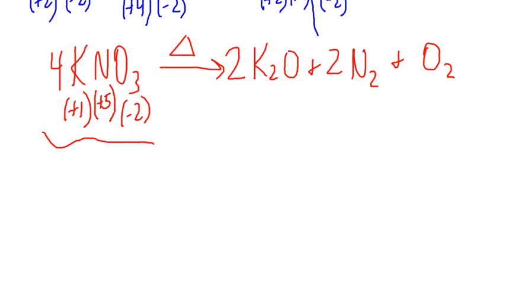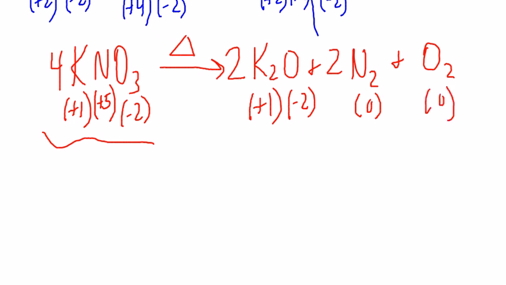Let's take a look on the right. Potassium oxide is an ionic compound. The potassium always loses 1 electron each, and oxygen always gains 2. That balances to 0. Nitrogen, in its neutral elemental state, is 0, as is oxygen.